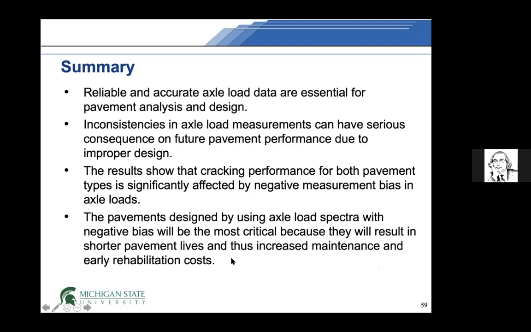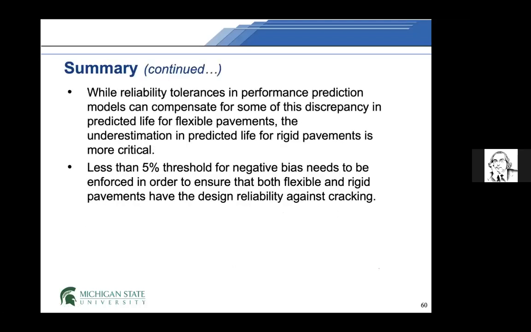If you have a negative bias, you will actually be getting a higher load than actual because of this error, and you will be under designing your pavement. Now, while we all understand in AASHTO we also use a reliability, because that reliability can account for some unforeseen variability due to construction and the traffic estimates.